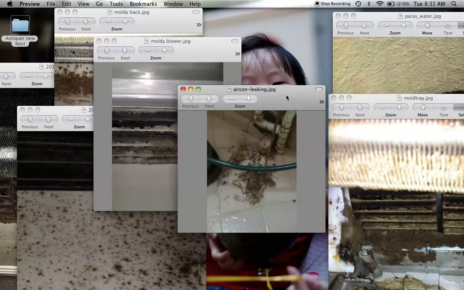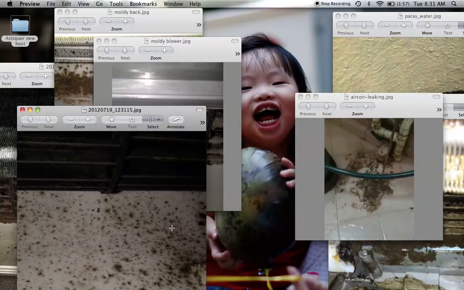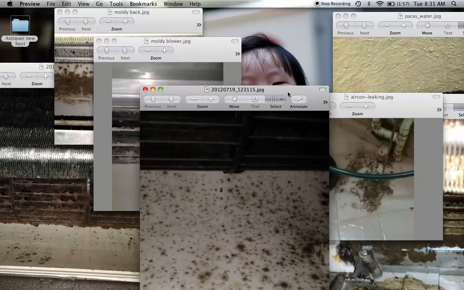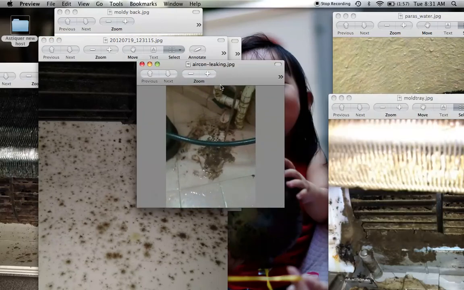So the water dripping should not be seen as the problem itself. It is just a symptom of a more severe aircon problem, which is the presence of bacteria, and often hand in hand with it is the presence of mold, mold on the blower, mold at the back of the aircon. As such, just purging the jelly out from the water pipe is not going to solve your problem.